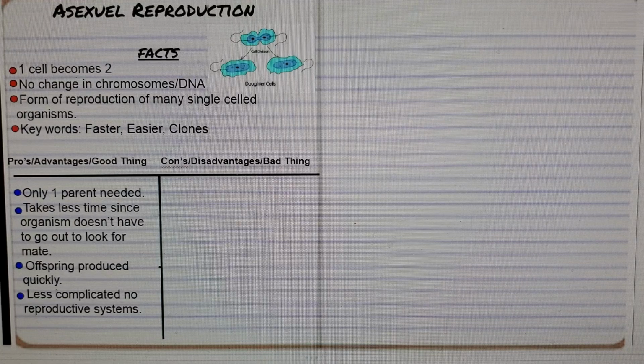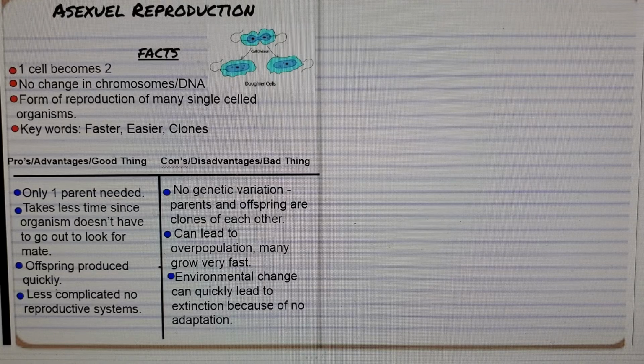But there are disadvantages to asexual reproduction as well. So the first bullet is there's no genetic variation. That means that the parent that split itself and made clones of itself, they're all the same. Their genes are all the same. So there's no genetic variation, no genetic differences.